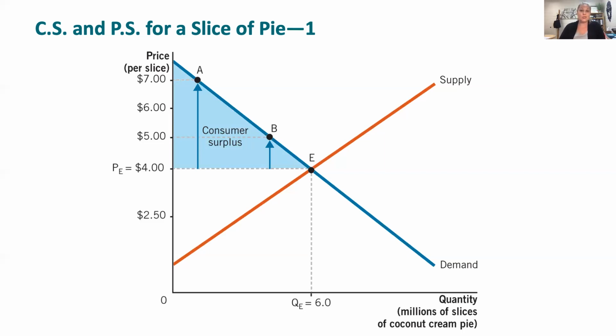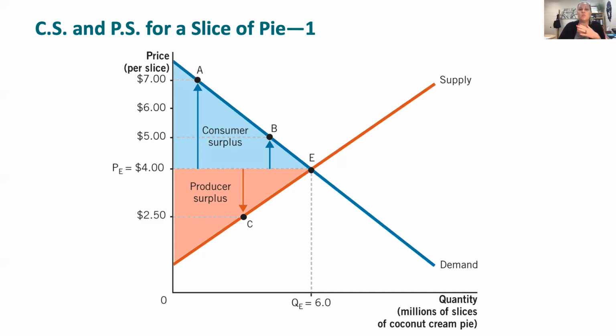Similarly, we can label producer surplus in this model. Producer surplus is the difference between the price that the product sells for and the individual firm's willingness to sell, or willingness to accept a price for that product. Their willingness to sell is given by the height of the supply curve. And so the distance between $4 and the supply curve is going to be the individual producer surplus for each firm who sells a slice of coconut pie.